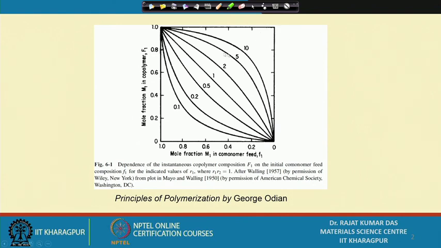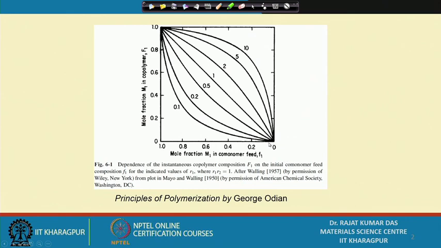As we said, if the monomer reactivity ratios are very different, it becomes very difficult to produce a polymer that has an appreciable amount of the less reactive monomer, irrespective of the composition of the co-monomer mixture. If you put a lot of the less reactive monomer in the mixture, still only a small amount of it will go into the copolymer, because the other monomer is highly reactive.